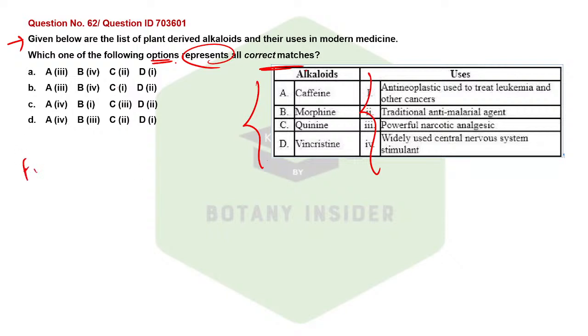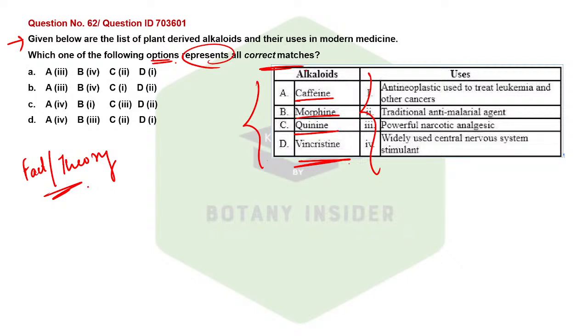It's a factual, static, or theory question. Try the question, then we solve it out together. So caffeine, morphine, quinine, and vincristine. Try it out. Done, everyone?